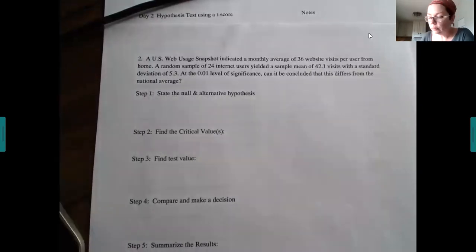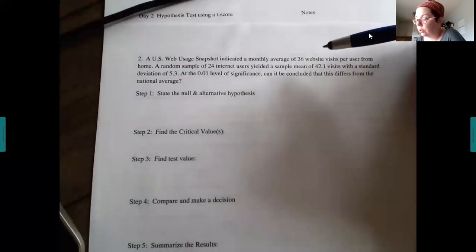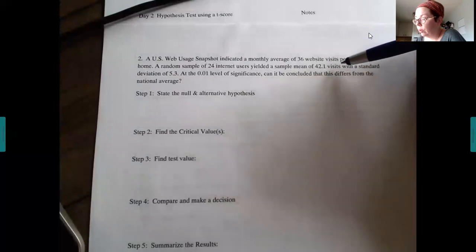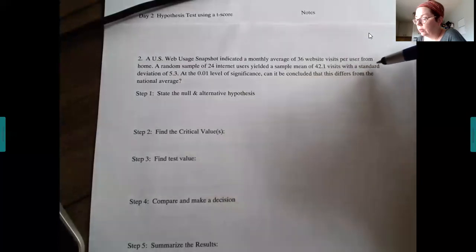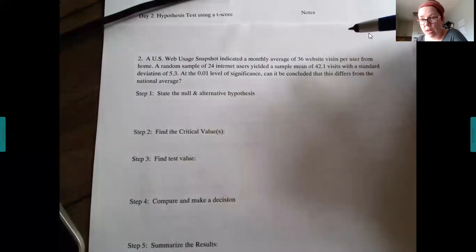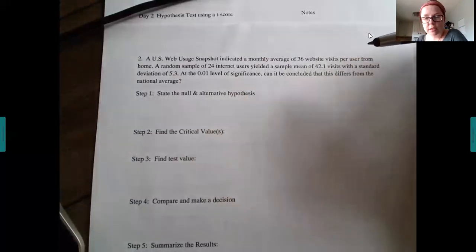Okay. So in this example, it says a US web usage snapshot indicated a monthly average of 36 website visits per user from home. A random sample of 24 internet users yielded a sample mean of 42.1 with a standard deviation of 5.3. Now, this is where sometimes it gets tricky because they didn't say sample standard deviation.